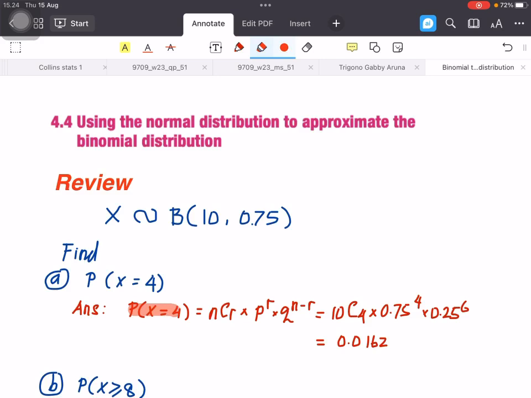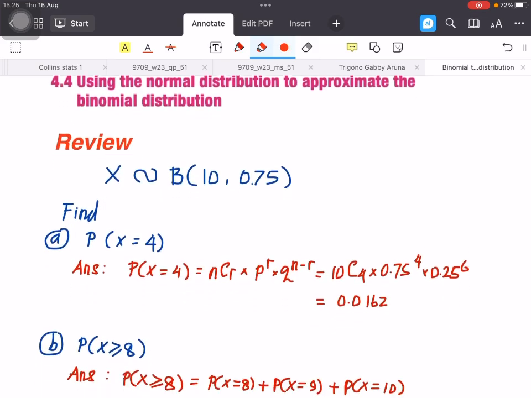So if you are asked to find probability X equals 4, the answer will be 10C4 times 0.75 to the power of 4 times 0.25 to the power of 6. The answer is 0.0162.